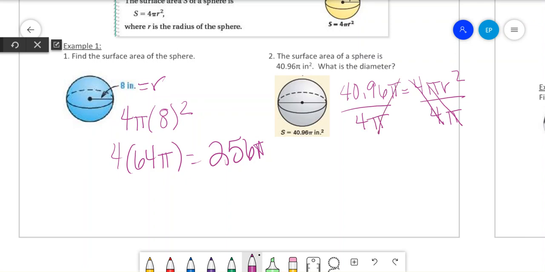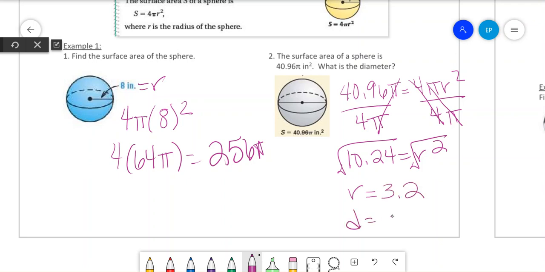Cancels out, so 40.96 divided by 4 is 10.24 equals r squared. Square root both sides. Your radius is equal to 3.2. And they want the diameter, so you double it, so you get 6.4.